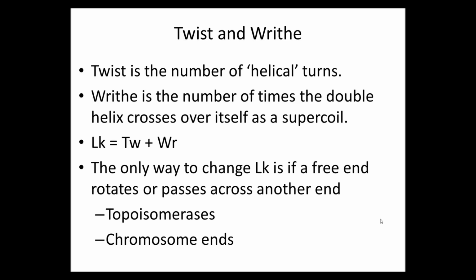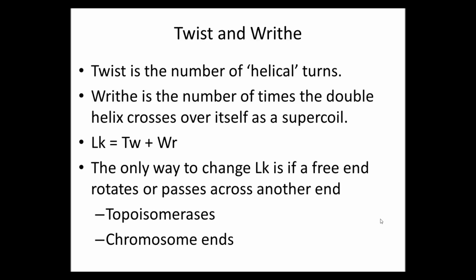Linking number is made up of two components, twist and writhe. Twist is the number of helical turns, literally the number of times one strand is wrapping around the other strand of DNA. Writhe is the number of times the double helix crosses over itself as a supercoil. So when a supercoil forms, for every supercoil that forms, the twist actually moves in the opposite direction.